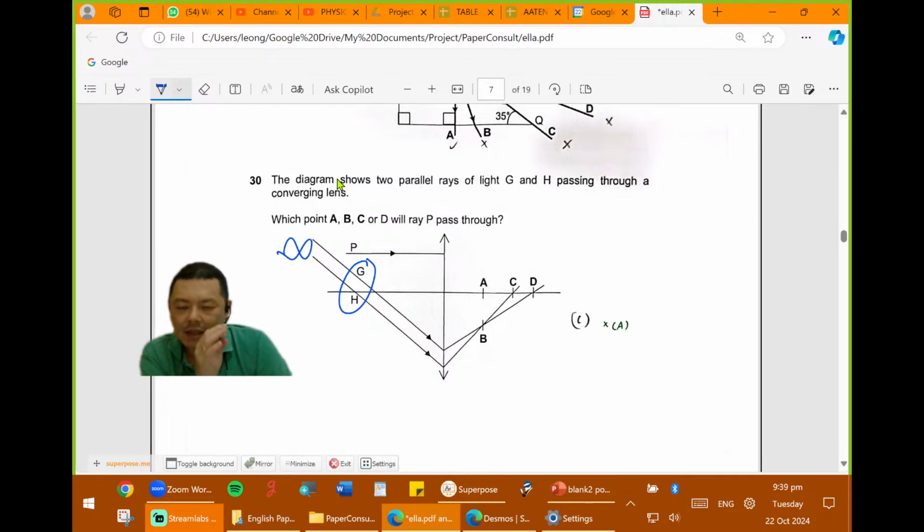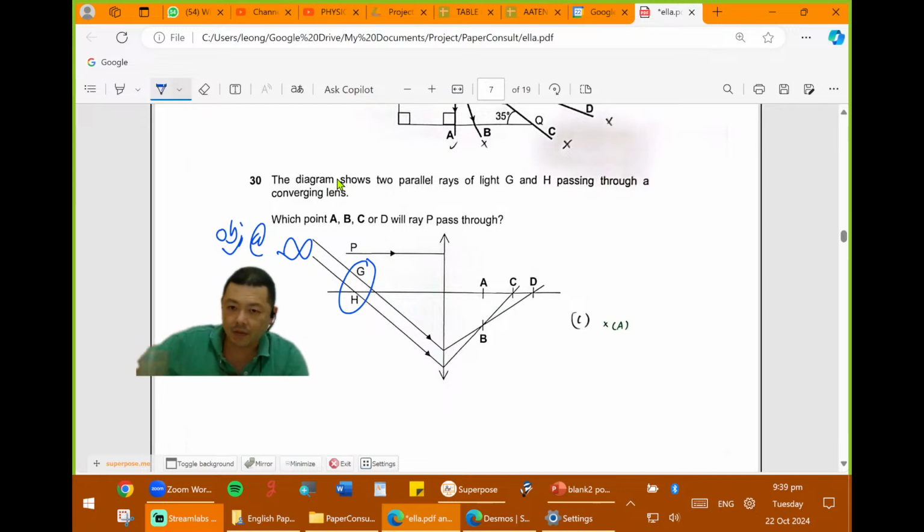What do you understand about where the image is if the object is at infinity? Object at infinity. No, it's at the focal point.